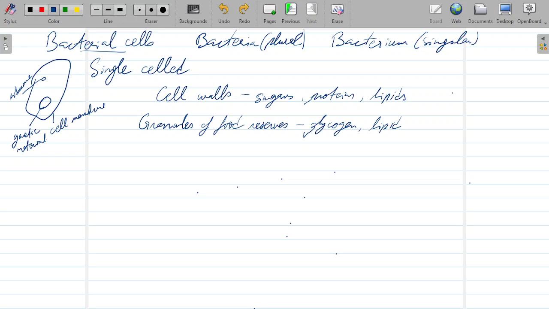Then you've got ribosomes, and they're smaller than the ribosomes found in animal and plant cells, but the function is the same.